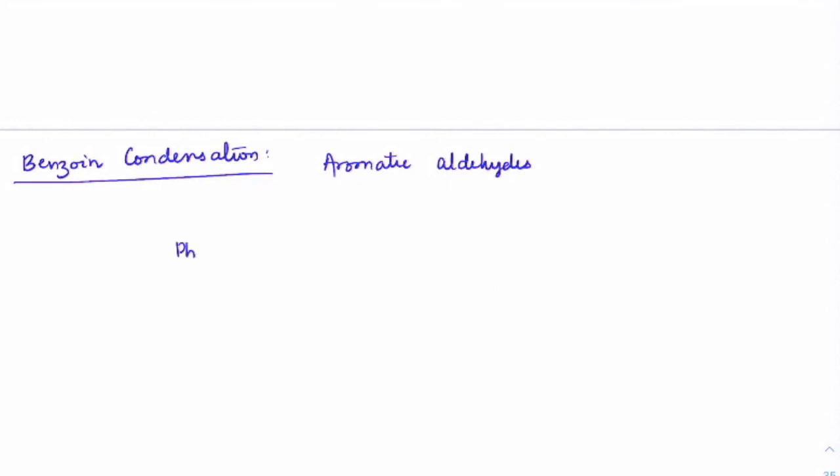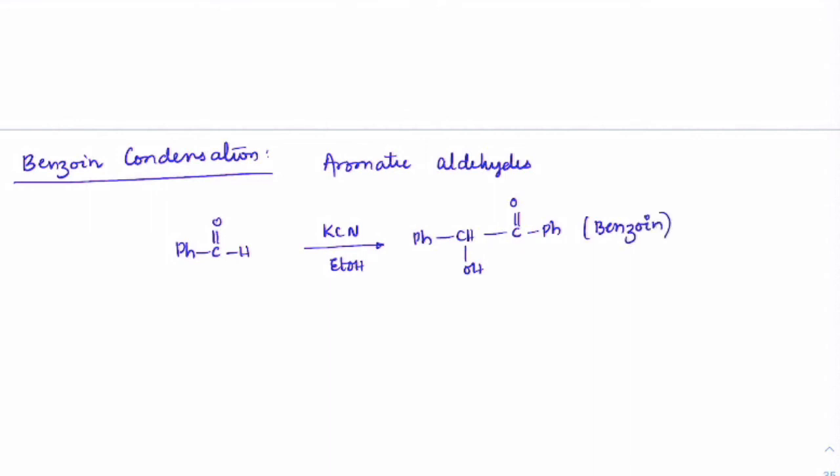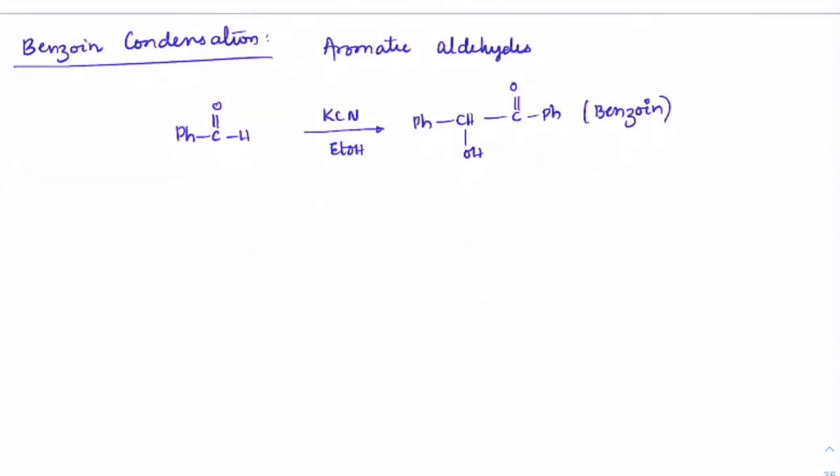For example, if I take benzaldehyde and treat with KCN in the presence of EtOH, we will get this as Ph, CH(OH) and C double bond O, Ph. We discussed during the benzilic acid rearrangement also that benzil can be formed by oxidation of benzoin. So this is benzoin. Okay, keep writing with me.